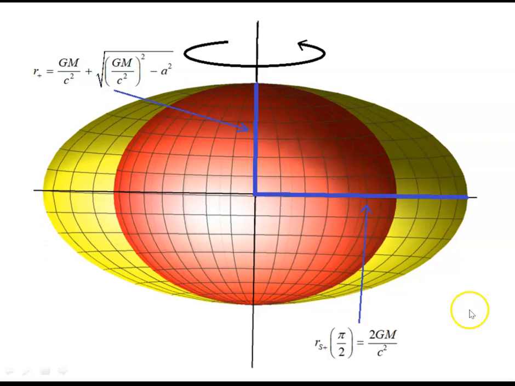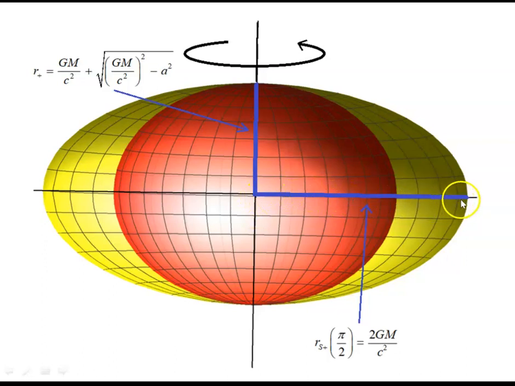Alright, so in this video we're going to be concerned with the stationary limit surface out here, and the red bit is the outer event horizon. We're interested in the semi-minor axis here, given by this value here, and the semi-major axis, which is given by this value here.